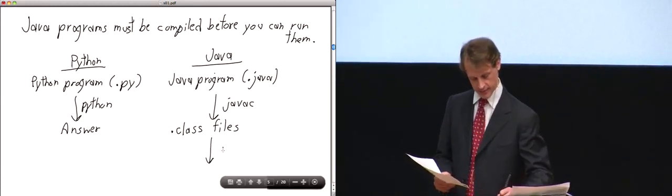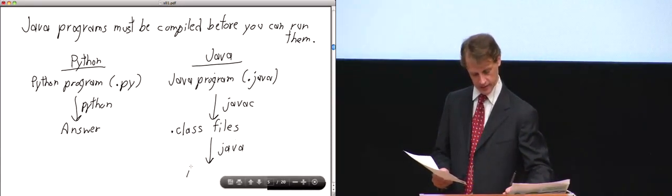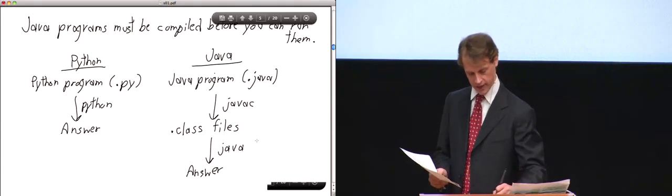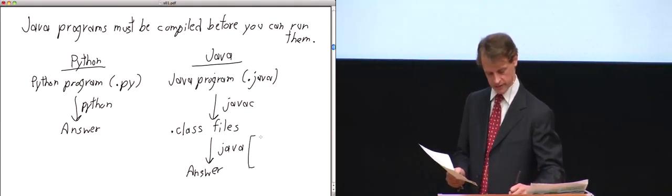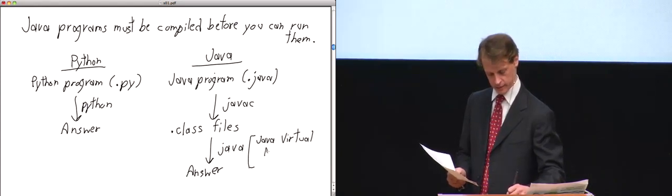The second step is you run a program that's just called java on the class files, and that's what gives you your answer. What Java actually does is run what's called the Java virtual machine, or JVM for short.